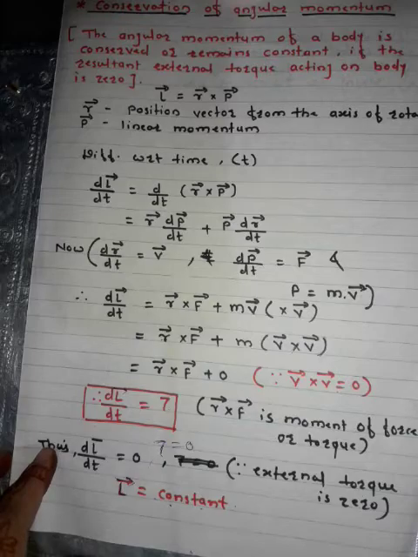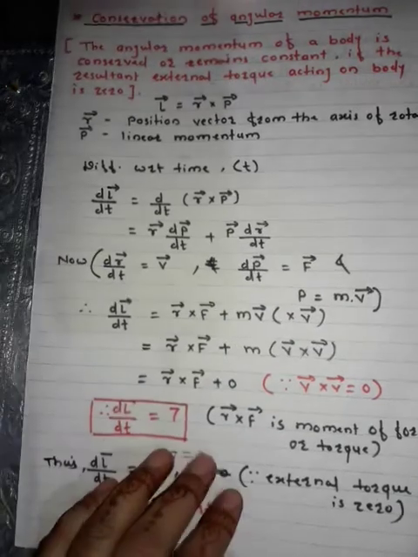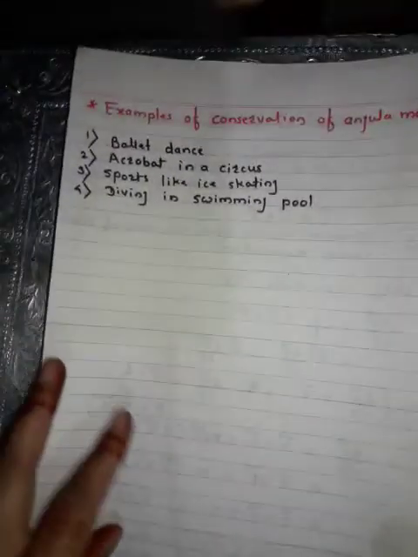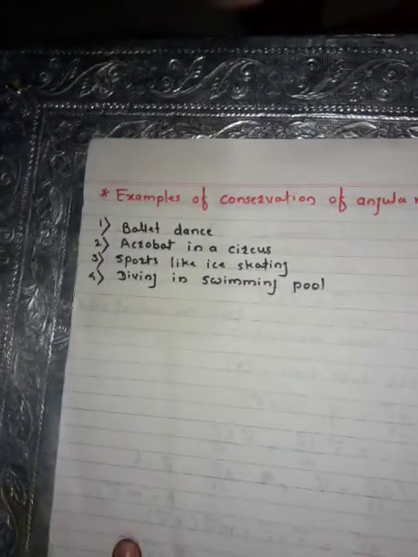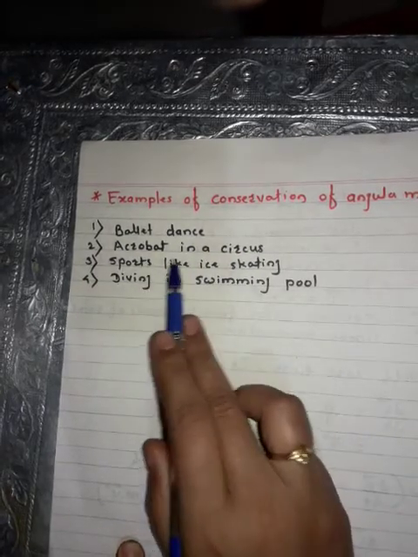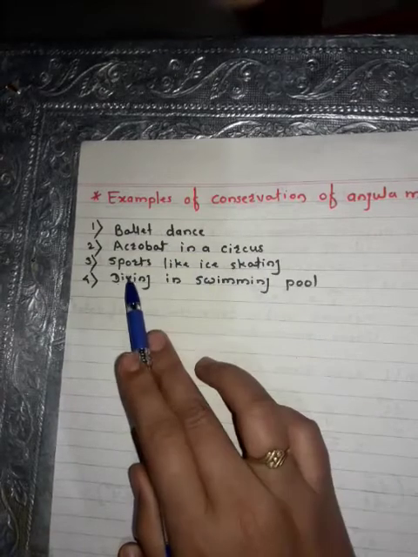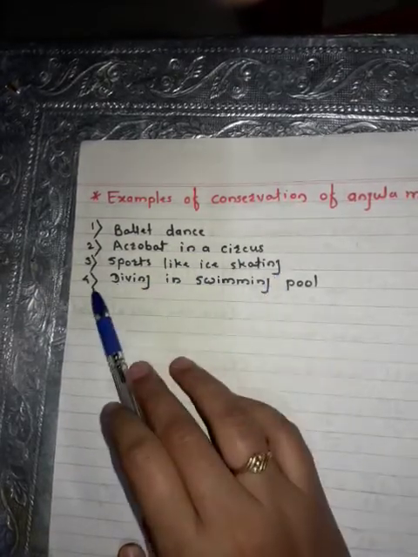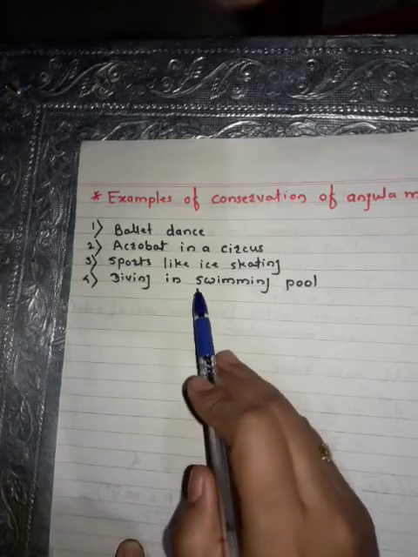The examples of the principle of conservation of angular momentum are: first, a ballet dancer; second, an acrobat in a circus; third, sports like ice skating; and fourth, diving in a swimming pool.